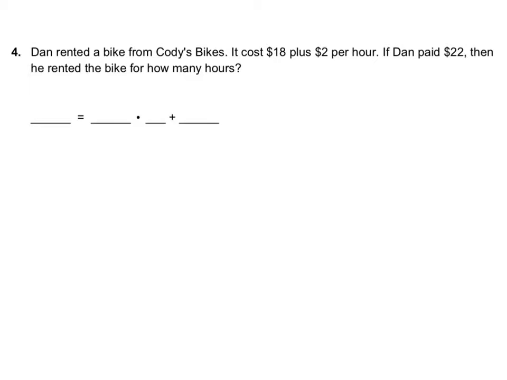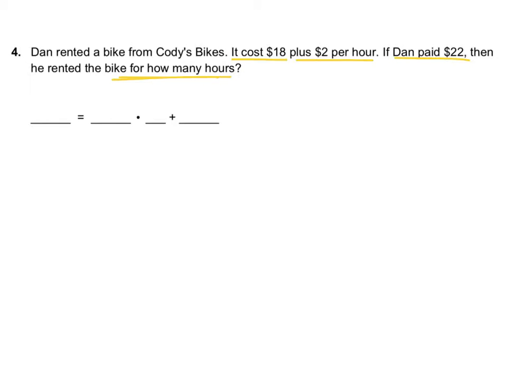Example 4, and this one's pretty straightforward. You'll see this one when we read through it. It says Dan rented a bike from Cody's Bikes. It cost $18 plus $2 per hour. If Dan paid $22, then he rented the bike for how many hours?